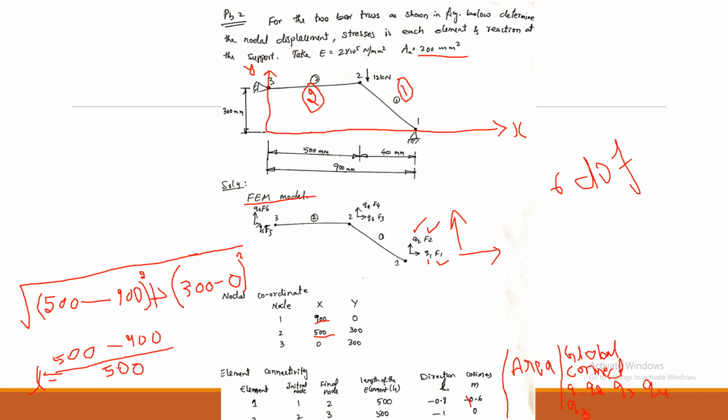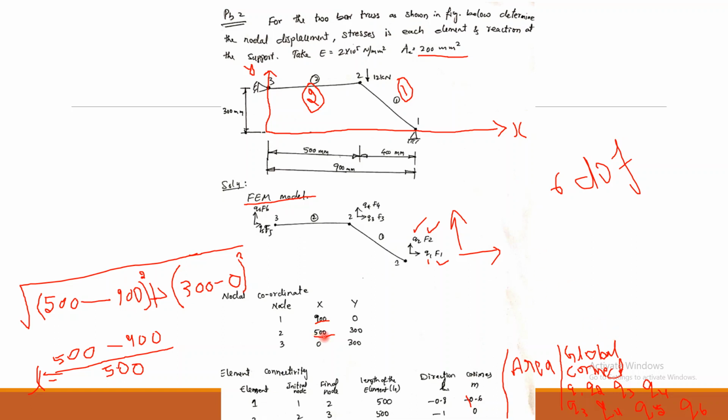Okay, so like that, global connectivity starts from Q3, Q4, Q5, Q6. Why does it start from 3 and 4? Because initial node is 2. Okay, so if you take node 3, 2, then it goes with 5, 6, 3, 4 like that. Okay, this is very, very important for giving the degrees of freedom in the stiffness matrix.